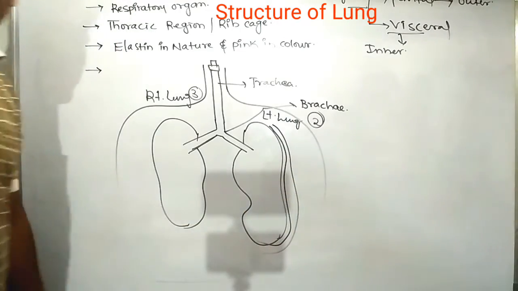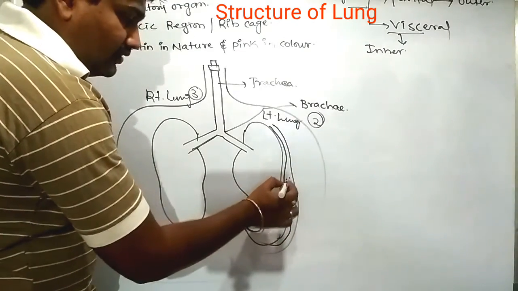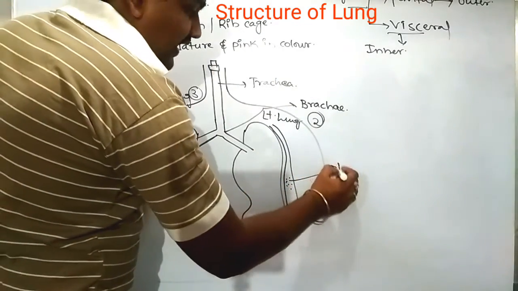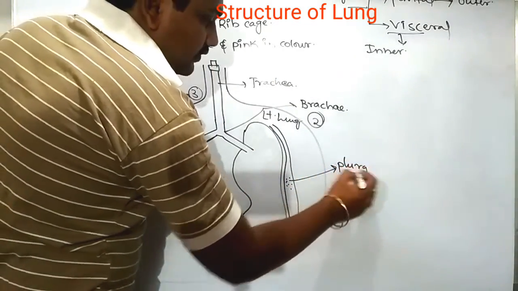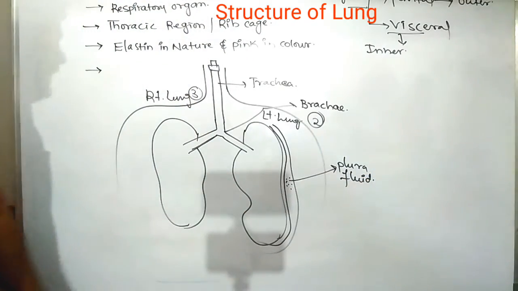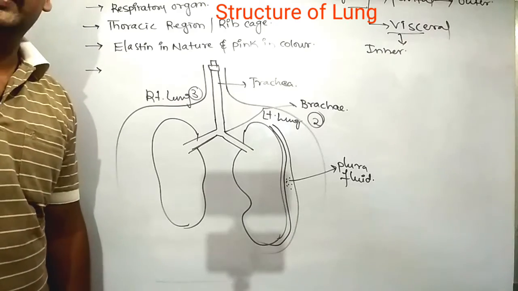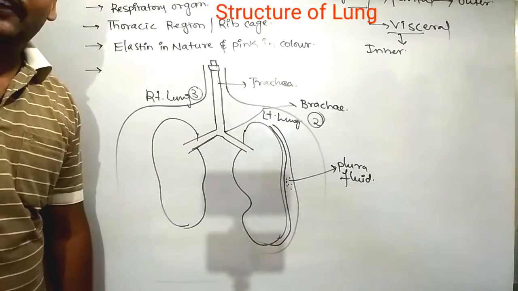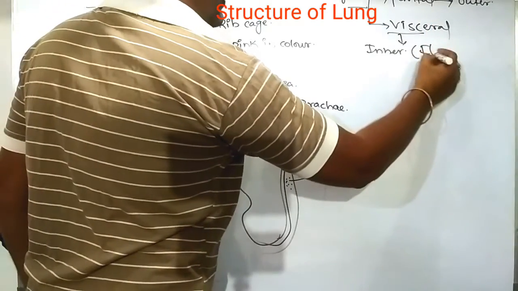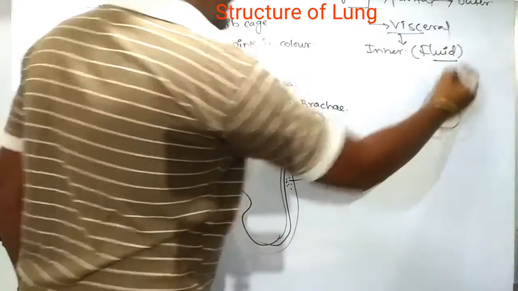In between the 2 layers there is a fluid. That fluid is known as the pleura fluid.